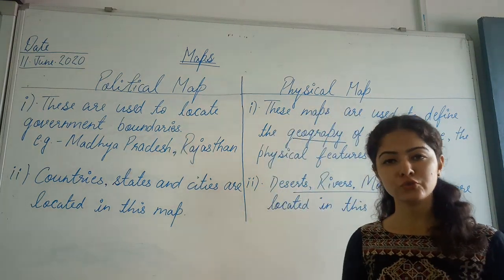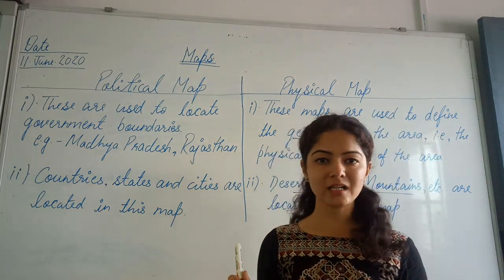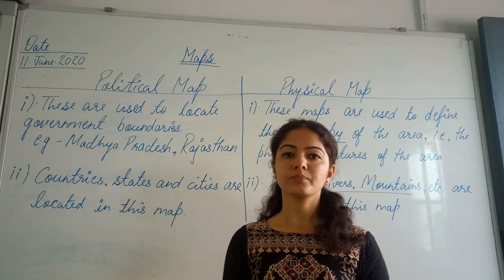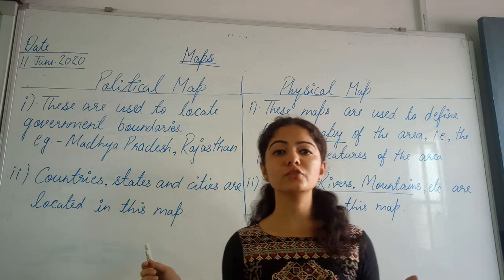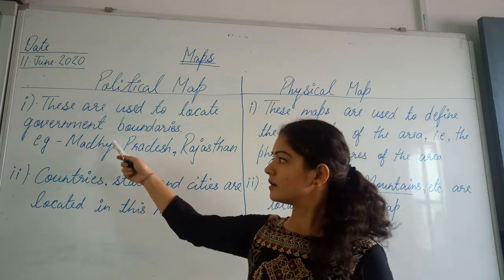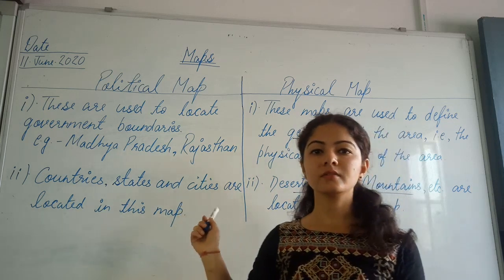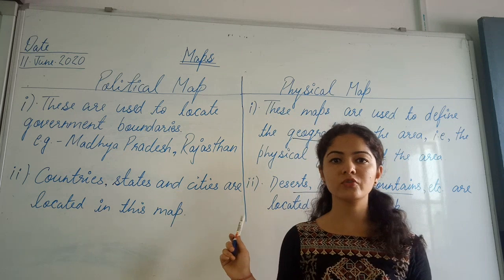Political maps are used to locate the different government boundaries or the political boundaries among the countries, the states and the cities. So in the political maps, what are you going to locate? You are going to locate only the cities, the states and the countries in the political map of any area.